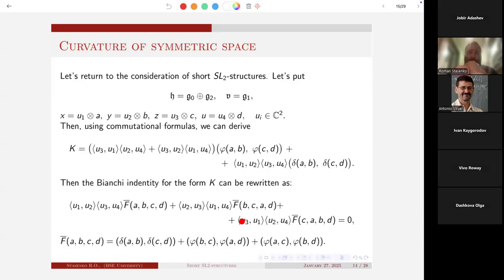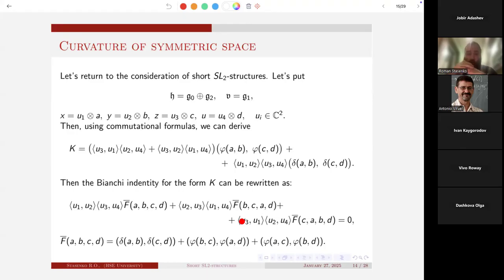So if we return to the consideration of the short SL2 structure, we can assume that H is the direct sum of J0 and J2, and V is J1.